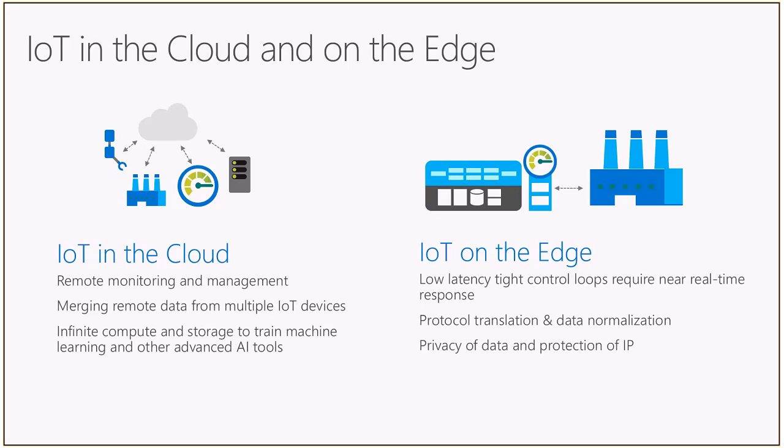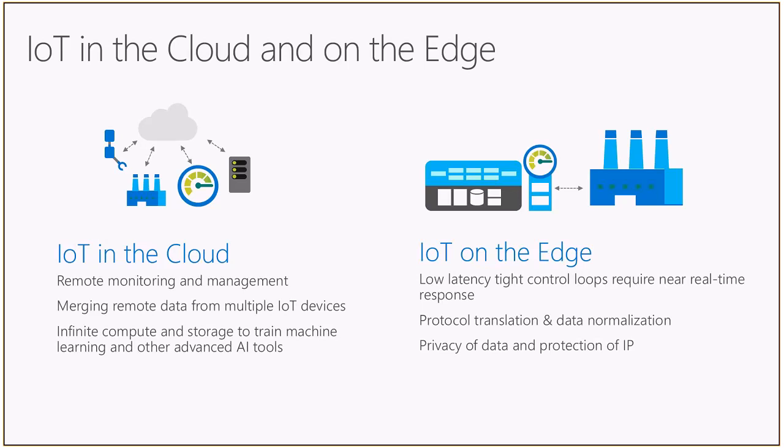Another request which came in is that some of our customers need privacy of data. They don't want to put everything on the cloud. They want to keep it at the location, and also for protection of IP. So due to these requests, what Microsoft has done is basically they're giving you two offerings.